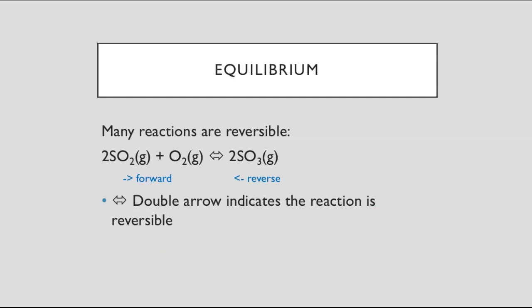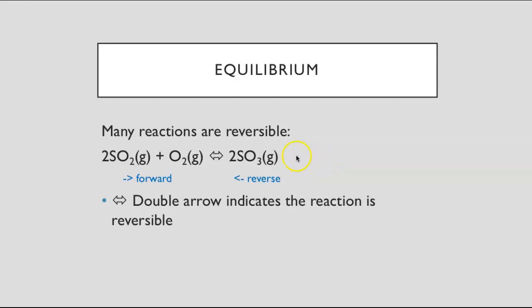So I've gone back through and I've added another slide, which I forgot to add the first time when I was making up this PowerPoint. And that is the fact that many reactions are what we would consider reversible. So we've been used to looking at reactions going in one direction, where the reactants, in this case SO2 and O2, go to form products.